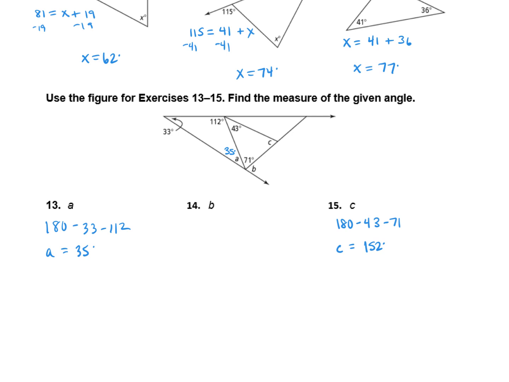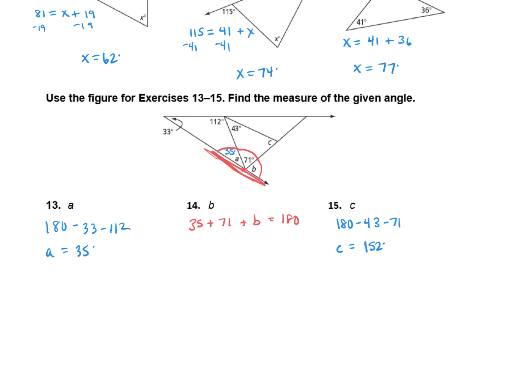So there's more than one way to actually get this answer, but we have angle B, we have 71, and we have 35, all forming this straight angle, sharing a vertex. So those three angles are going to add up to 180 degrees.